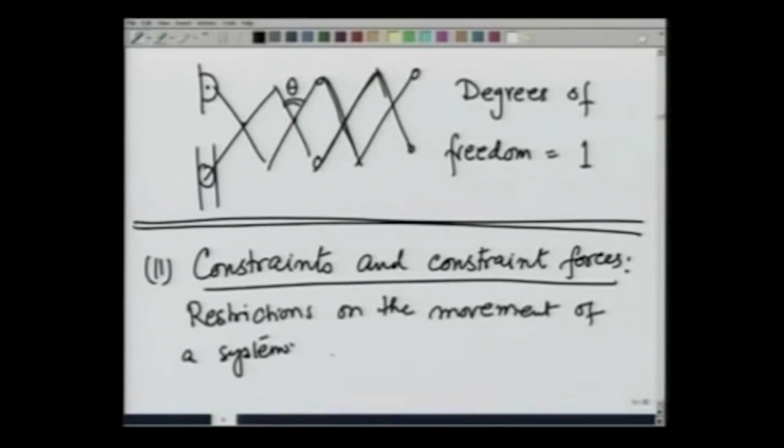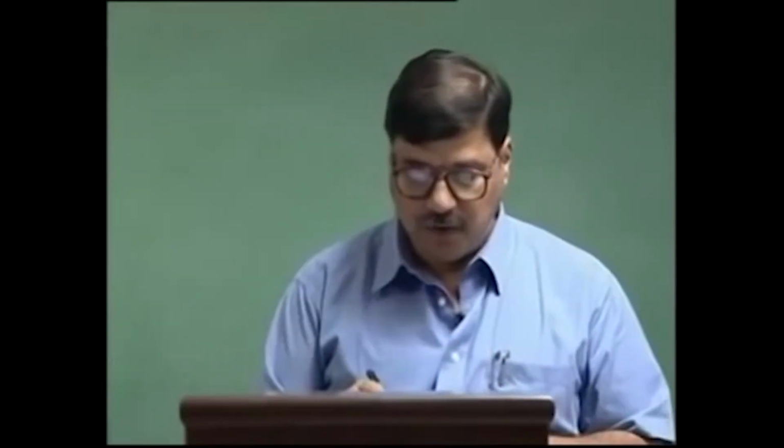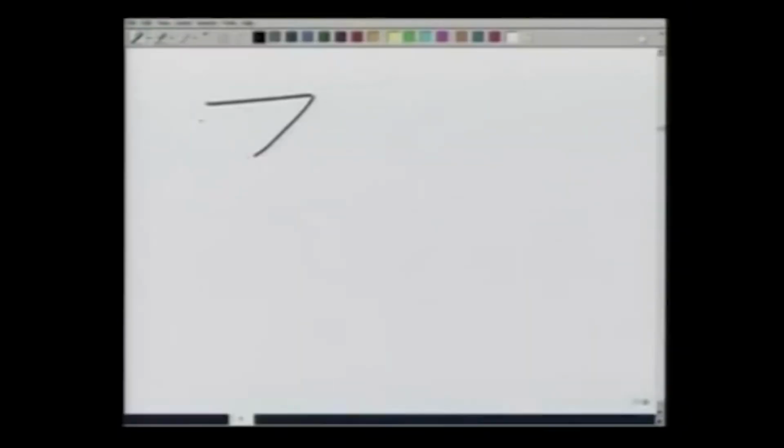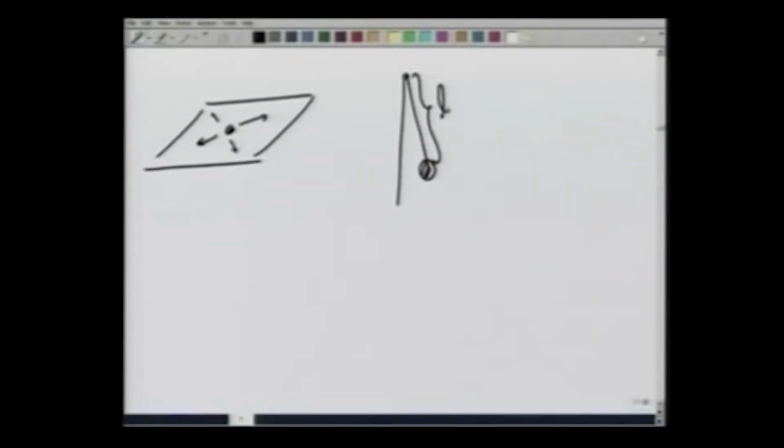For example, if I take a particle and constrain it to move only along, say, a wire, then that is a constraint that it can move only along a straight line. Or if I take a particle, put it on a plane and constrain it to move only on a plane, this puts a constraint on the particle to move only in this plane. Similarly, in the pendulum example that I took, the constraint is that the distance of the bob of the pendulum is fixed from the pivot point.